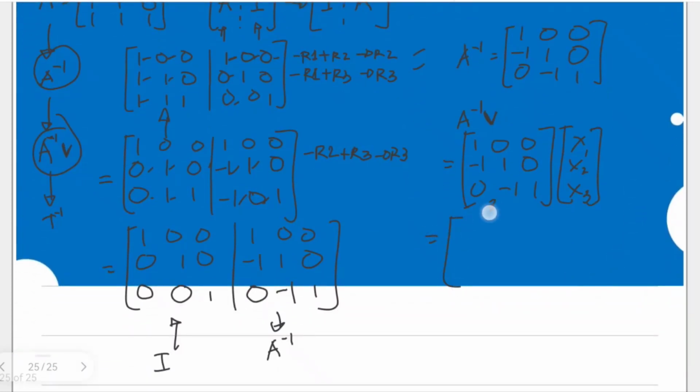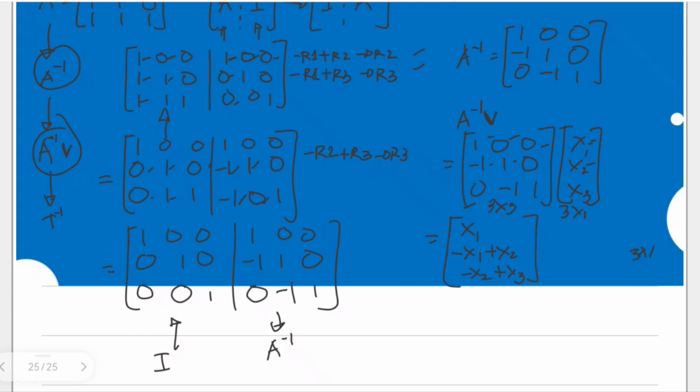Take note, this is a 3 by 3, 3 by 1, so you're expecting a result which is a 3 by 1 as well. So 1 times x sub 1, x sub 1, 0, x sub 2, 0, x sub 3. Next, negative 1 times x sub 1, so negative x sub 1 plus x sub 2 plus 0, x sub 3. Then 0, x sub 1, negative x sub 2 plus x sub 3.